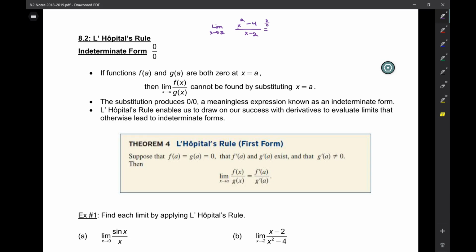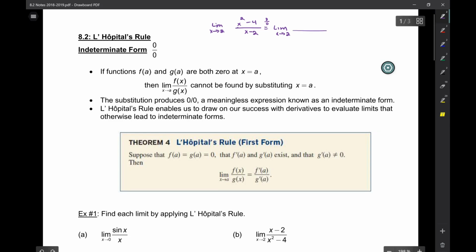So what we had to do in that case is we had to use algebra, and we either factored, or if it was a square root, we rationalized, remember? So in this case, I could factor this and I get x minus 2, x plus 2 over x minus 2. That goes away, and then when you put 2 in there, you get 4.